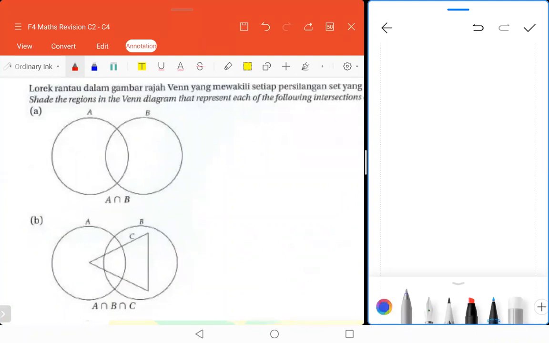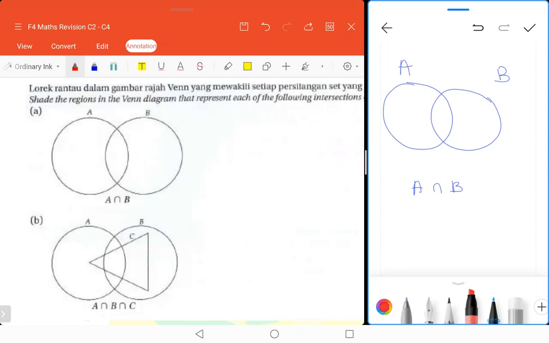Copy down, no need to copy the questions. Just draw two circles, A, B. So the question is A intersect B. Then you get the answer. Where is it? A intersect B. Ready?